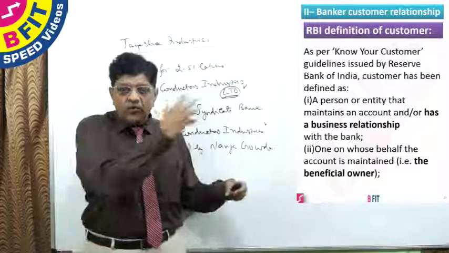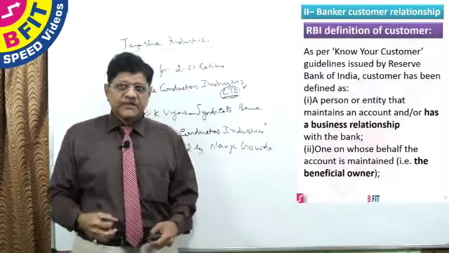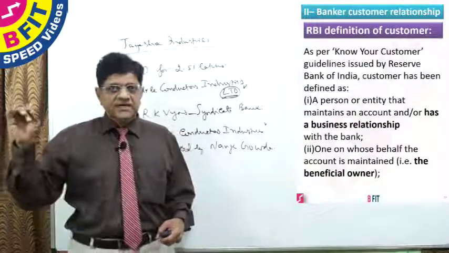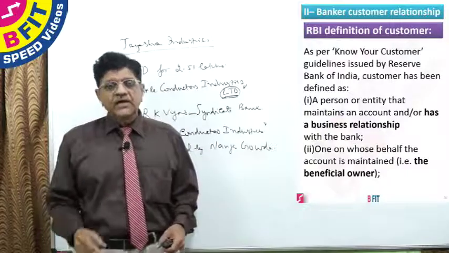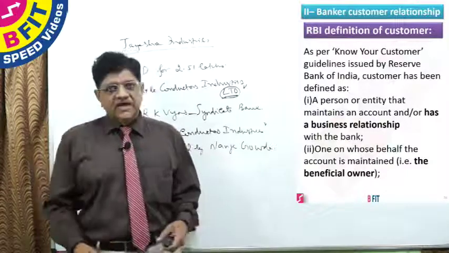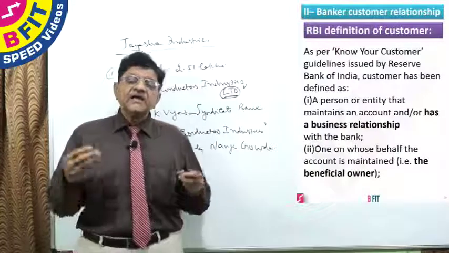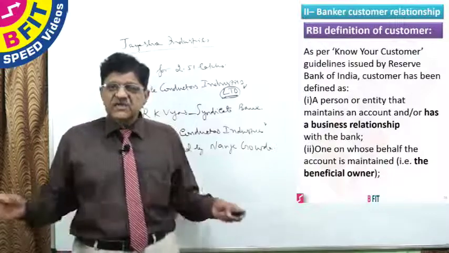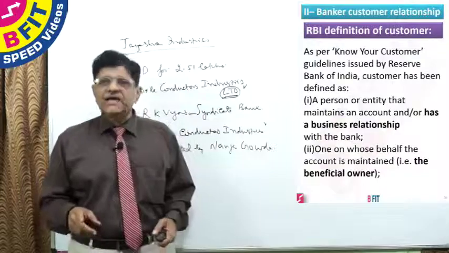This is possible only when you include the child also as a customer. So not only the account holders who sign the check, but also the beneficial owner of the account automatically becomes a customer under the latest definition of the Reserve Bank of India, even though this person might not have signed, might not have visited the bank. Even then the bank should consider him as a customer.